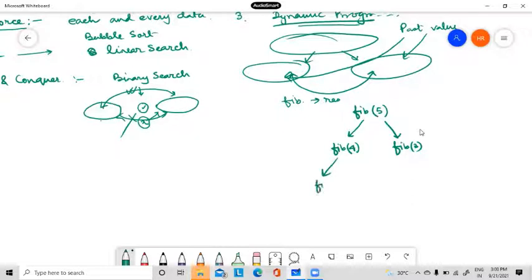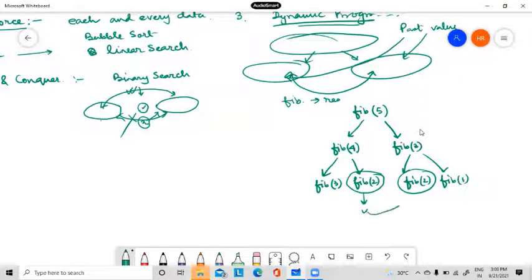Then 4 will call Fibonacci 3 and Fibonacci 2. Then 3 will call Fibonacci 2 and then Fibonacci 1. See, this 2 is present here as well as here. So if I calculate the Fibonacci value of 2, it will be used in both these parts. These two different parts require the same past value. So this is a kind of dynamic programming.